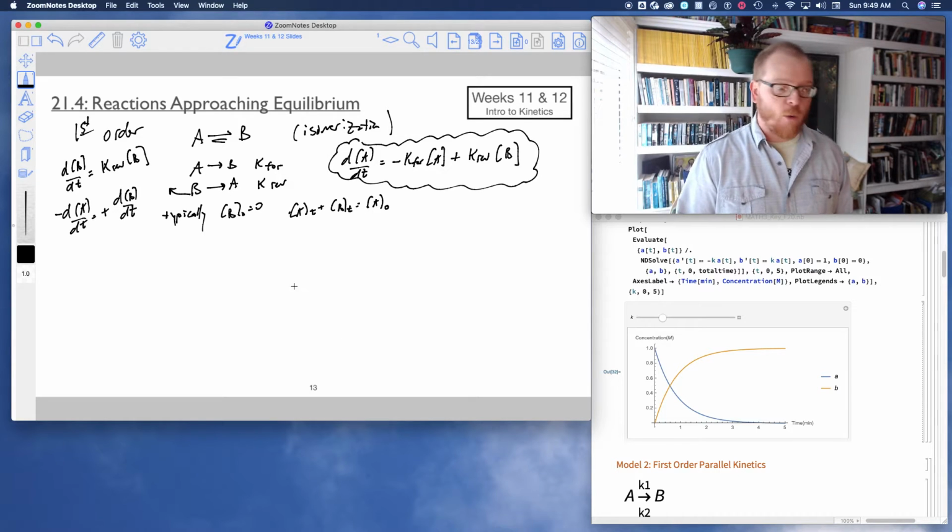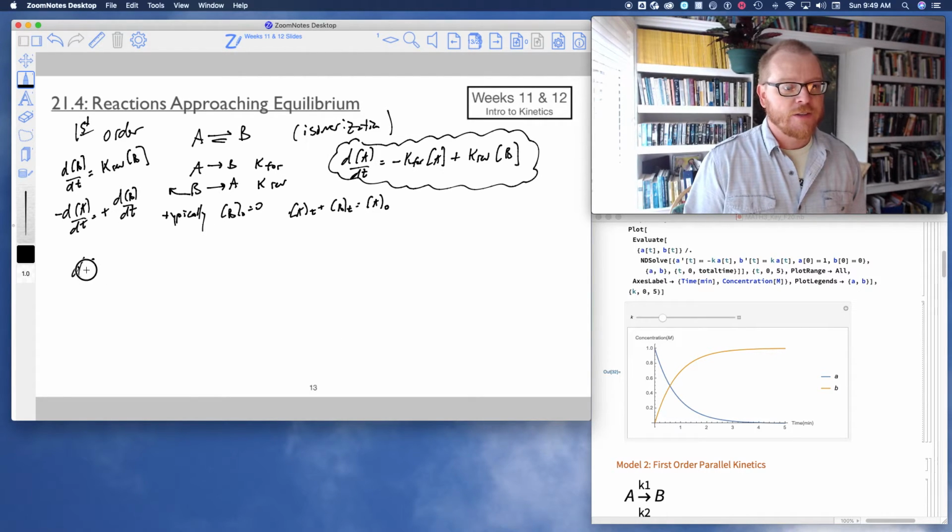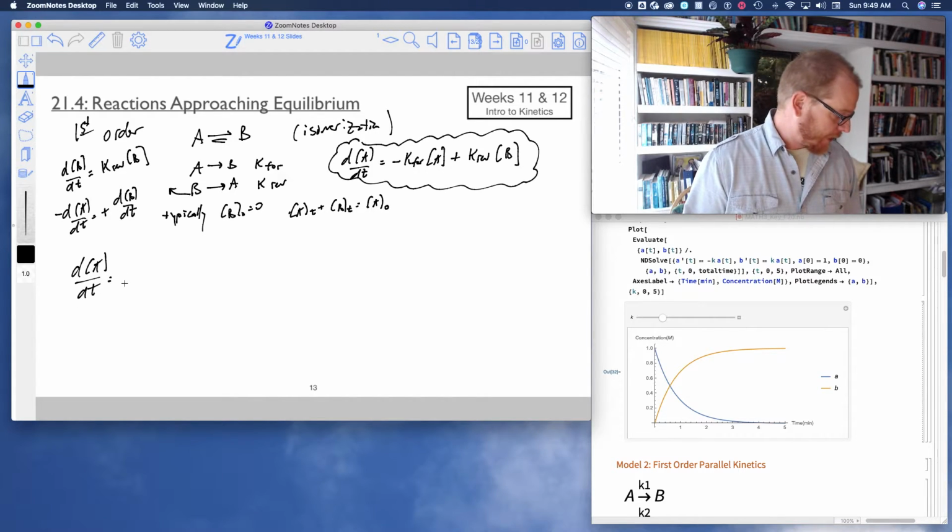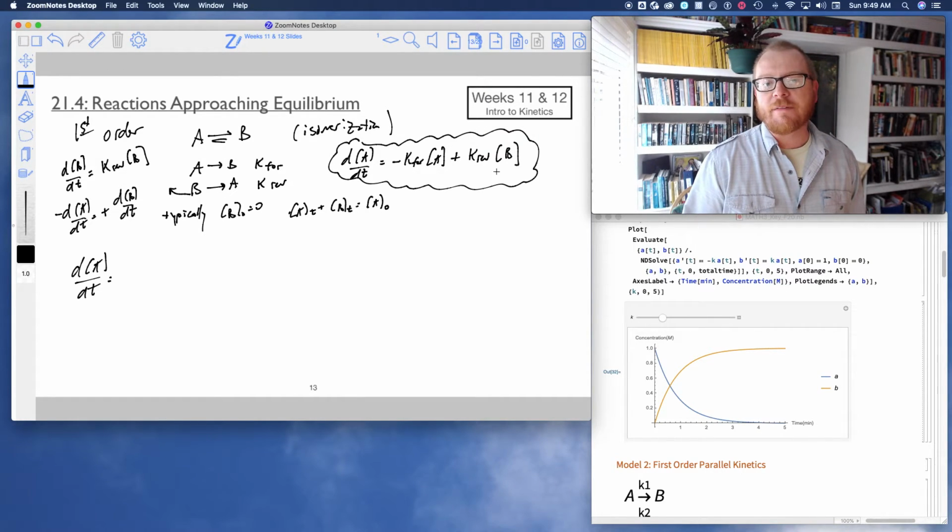So, but for now, solving this thing becomes complicated, and I'm not going to make you solve it by hand, and I'm not going to solve it by hand. But now we recognize that B will have a differential rate than A because it has a different rate constant. So in other words, K forward and K reverse have different concentration dependencies.